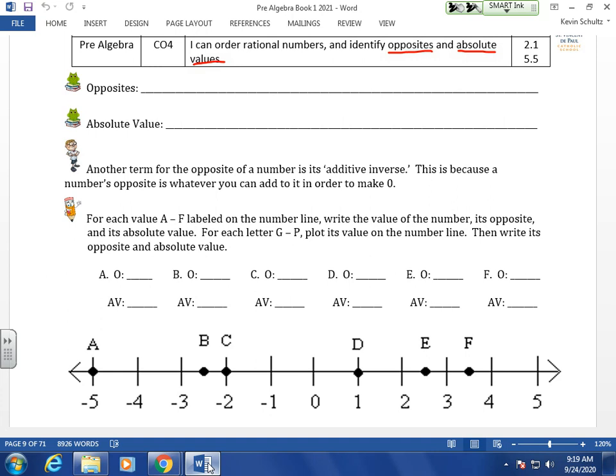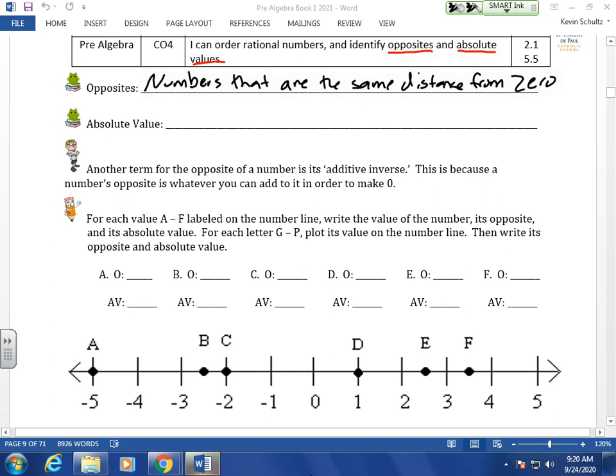So opposites are numbers that are the same distance from 0. And we have the examples of 7, negative 7, 12, negative 12.